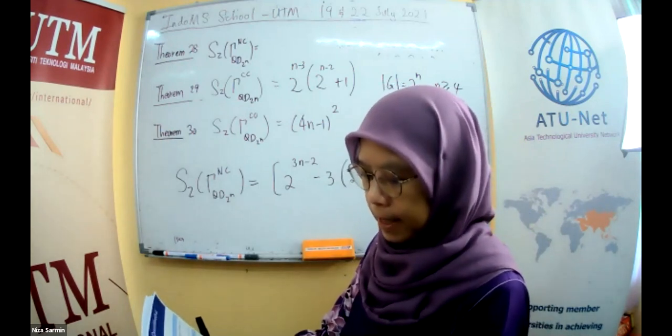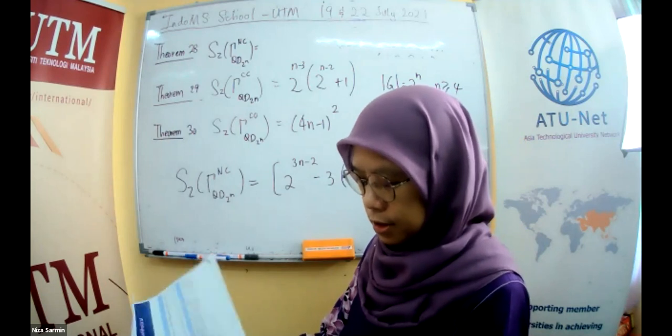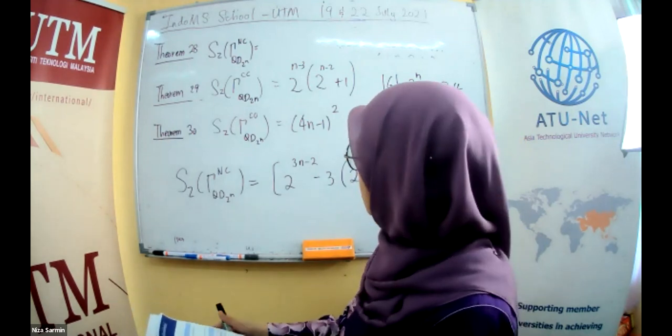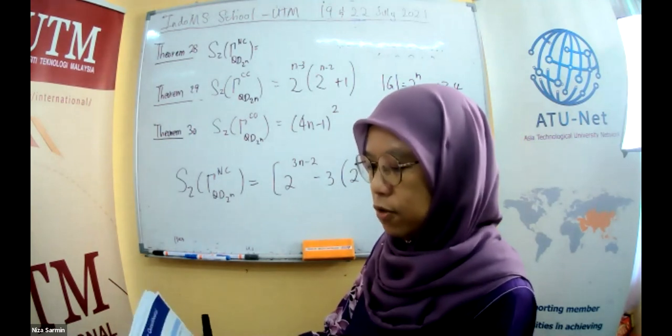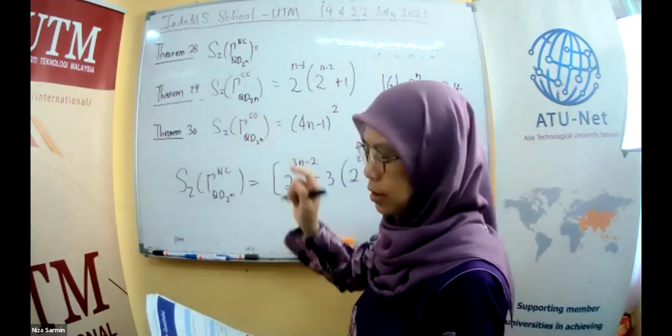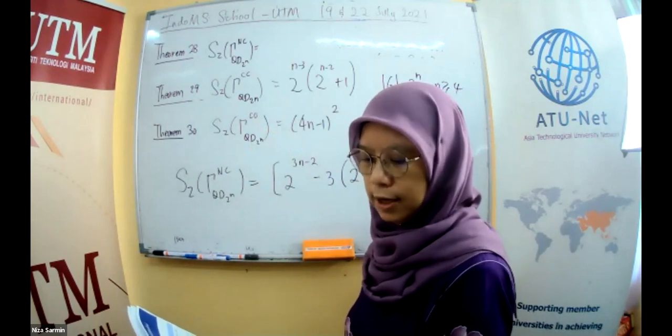Okay, now theorem 30 is the Zagreb index of the co-prime graph of QD_{2^n}.